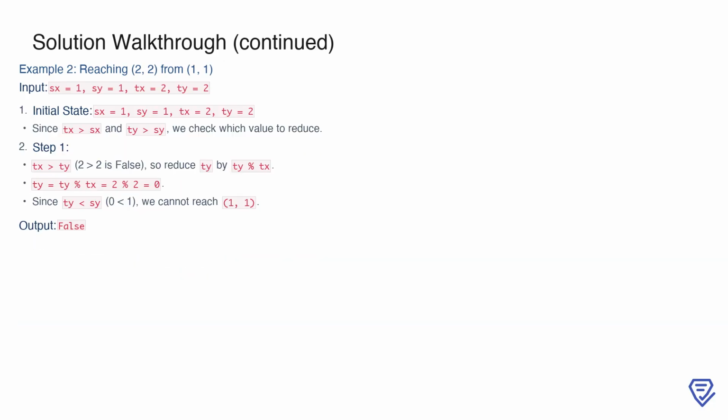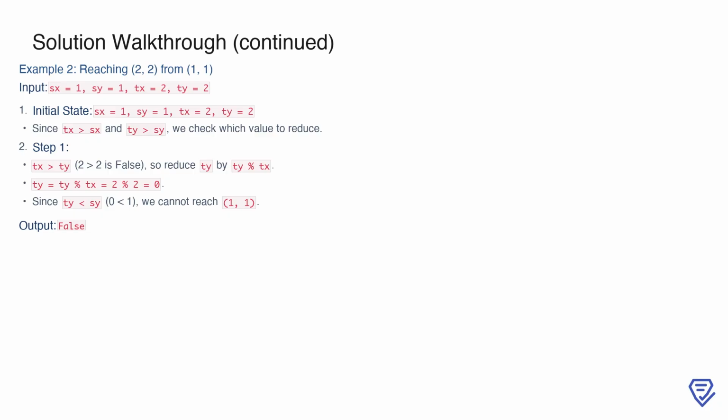Here, we analyze whether it's possible to reach (2, 2) from (1, 1) by following the same backward approach. Starting with sx equals 1, sy equals 1, tx equals 2, and ty equals 2, we first observe that both tx and ty are greater than sx and sy. This means we need to decide which value to reduce.